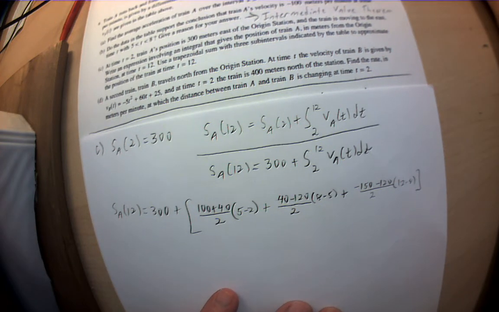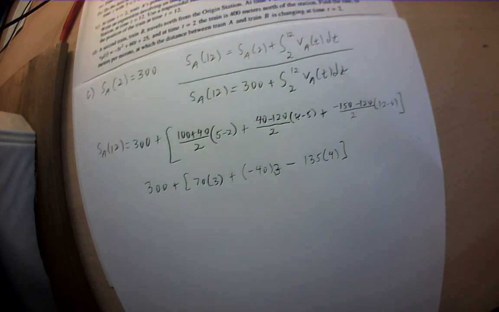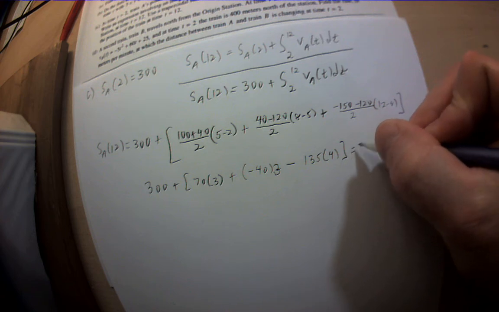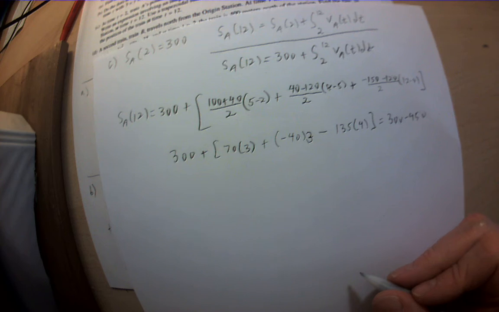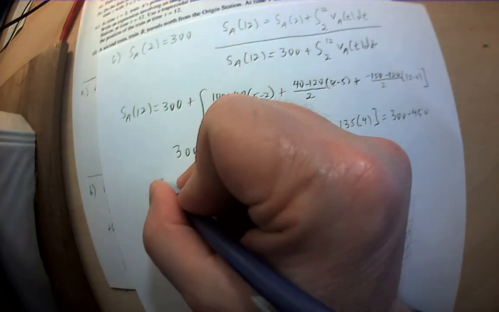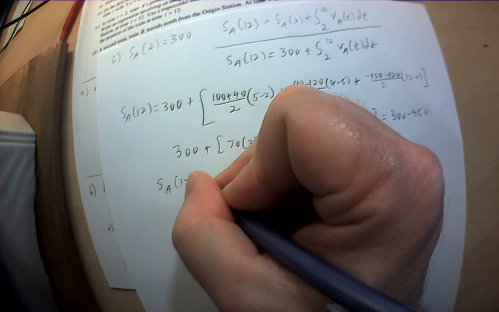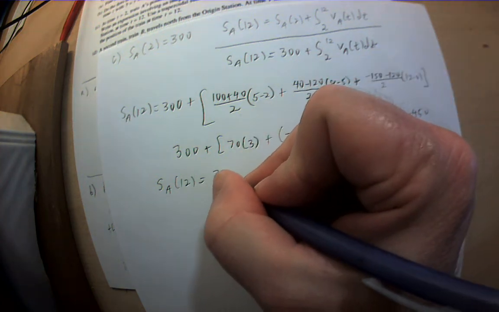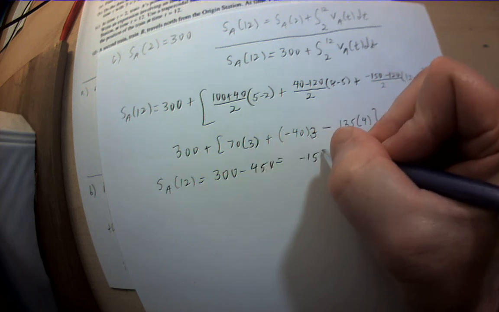So let me do that math. Okay, guys, so that goes down to this: 70 times 3 minus 40 times 3 minus 135 times 4 is negative 450. So this is 300 minus 450. So what I end up getting is S_A of 12 equals 300 minus 450 equals negative 150.